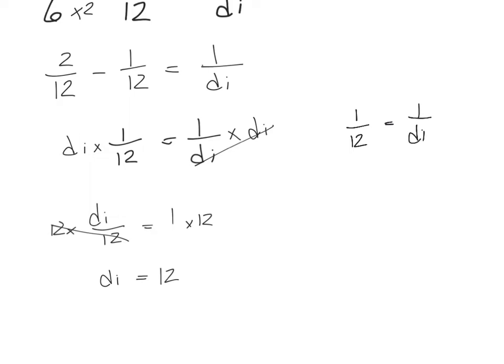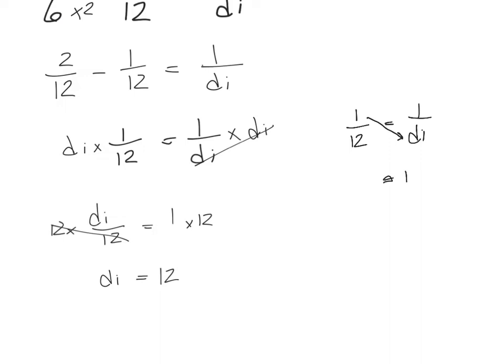This is the shortcut. So this is what's called cross multiplication. It's effectively the same thing, but it is fewer steps, sort of. So what I'm going to do is take 1 and cross multiply it with di.